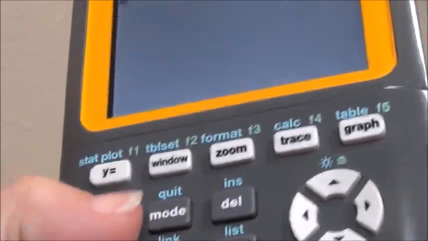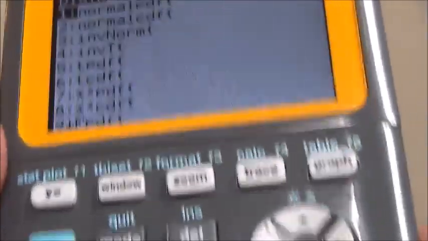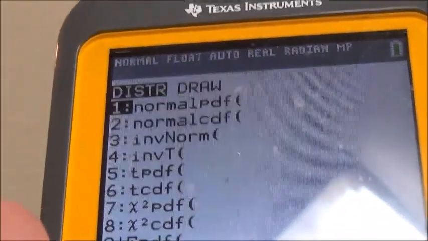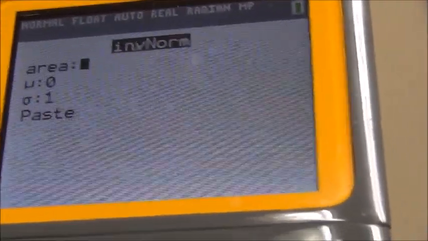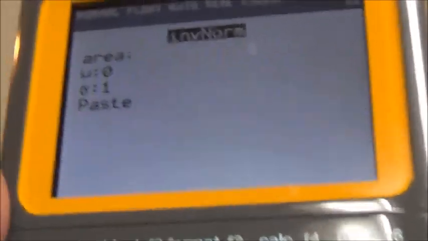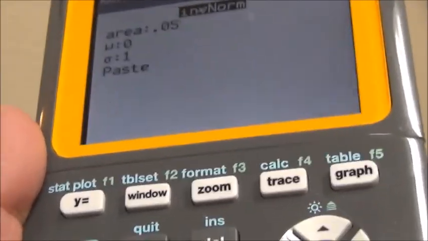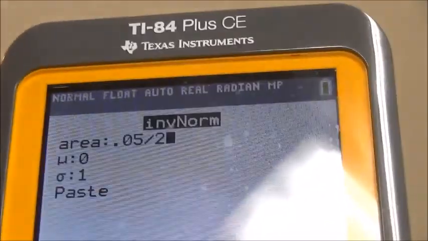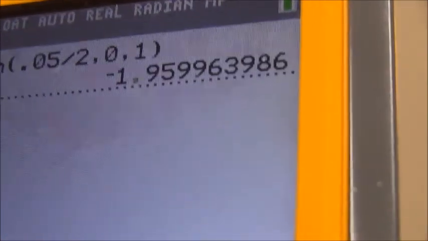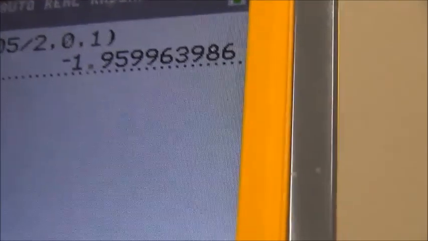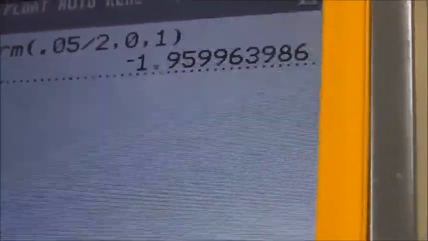Do second function distribution, and we'd be doing inverse normal, which is number 3, and the area would be 0.05 divided by 2, mean of 0, standard deviation of 1, and when I put that in there, you can see I get negative 1.96 or positive 1.96 then, plus or minus 1.96 if I round that to 2 places.